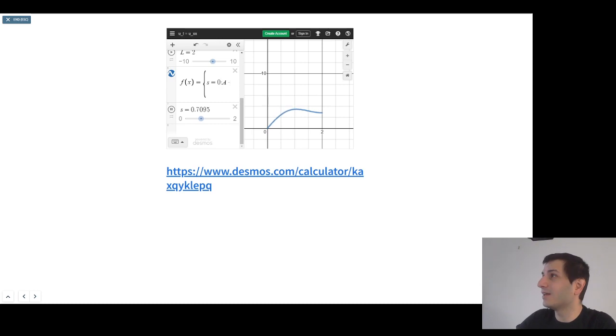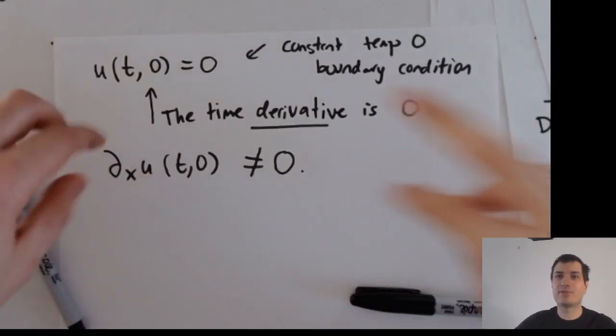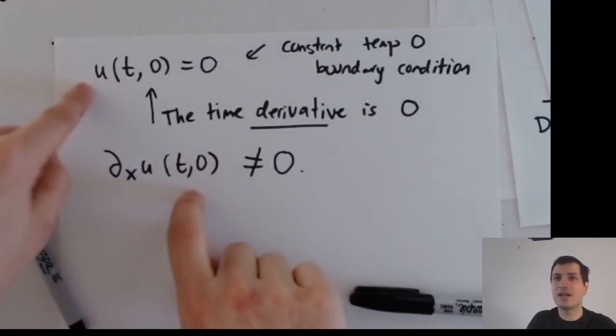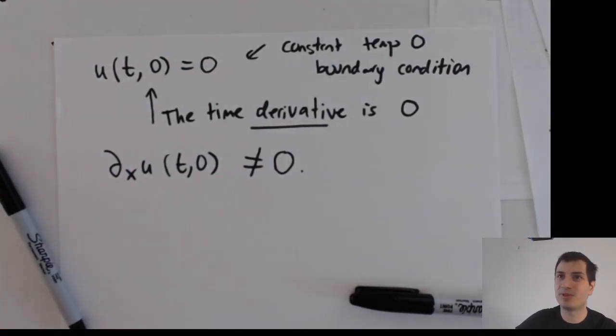You can see that on the left it's always 0, but the slope is not 0. On the right, the slope is 0, but the function is changing. The value can go up and down, and the slope on the left-hand side can change. So don't get the two types of derivatives mixed up. We have one thing being 0 while the derivative is not 0, and vice versa. That's a good question.